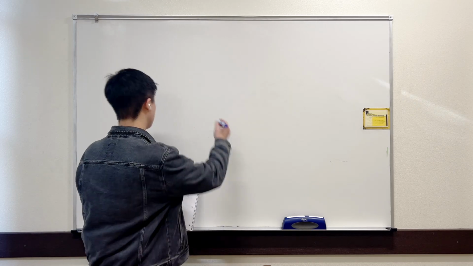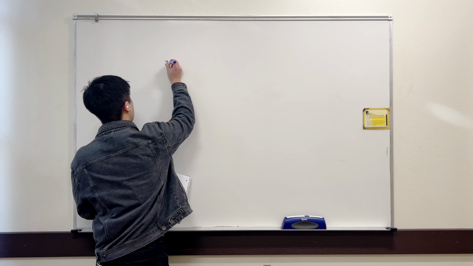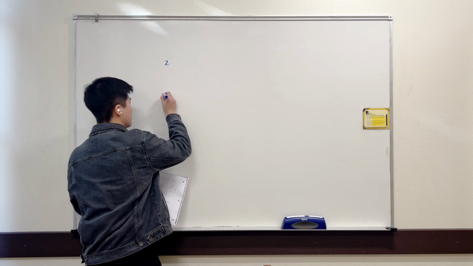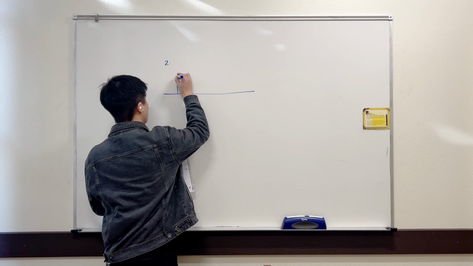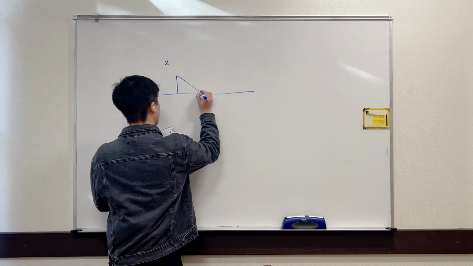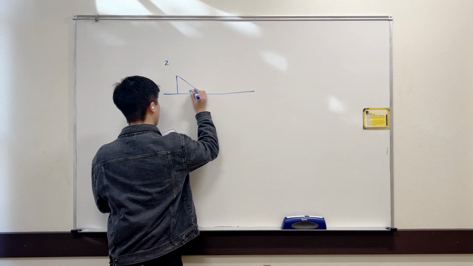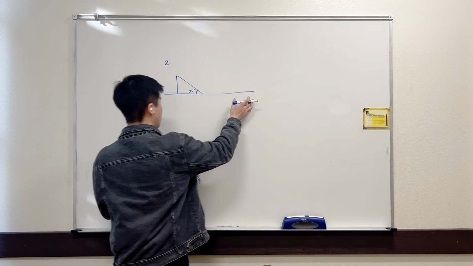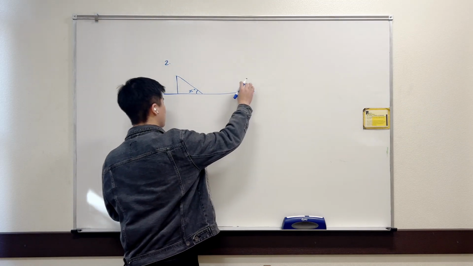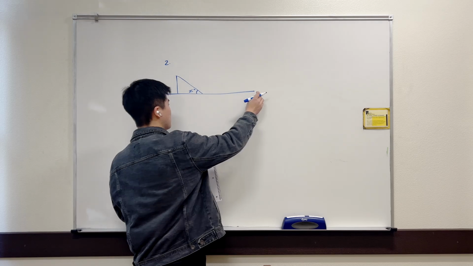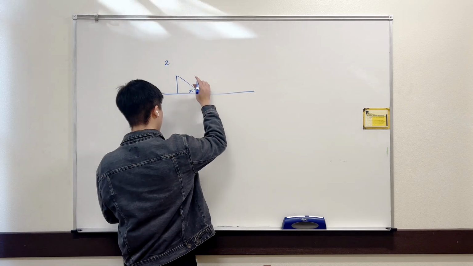So the question was, there's going to be a frictionless surface, and then a plane. And this angle is 25 degrees. And so there's an object that's in motion. So it goes from this frictionless surface onto this elevated plane.